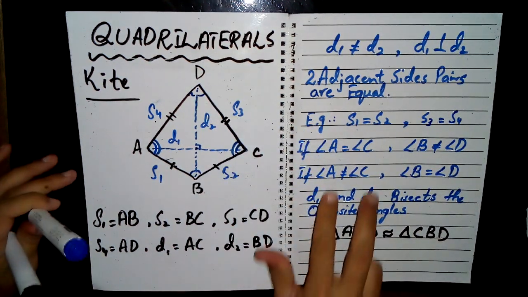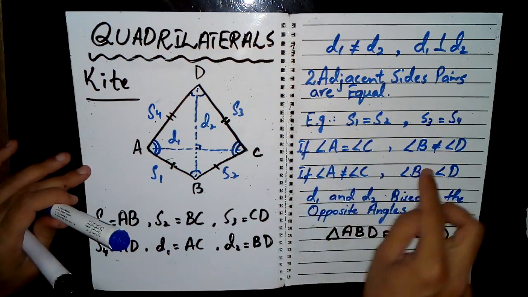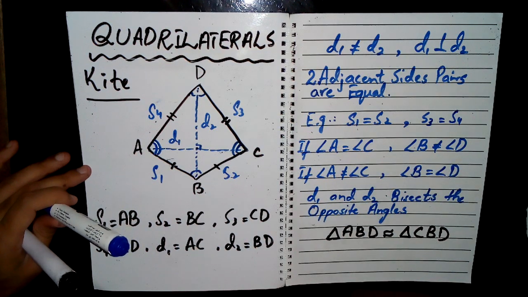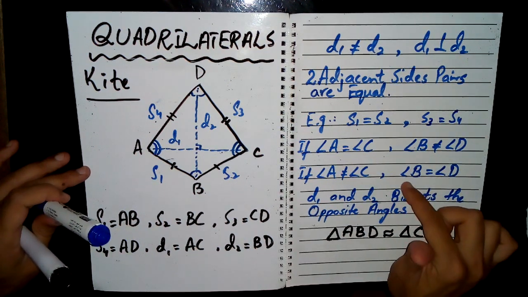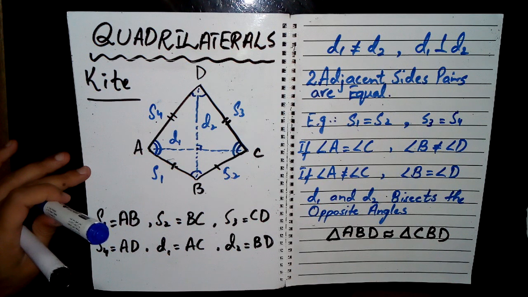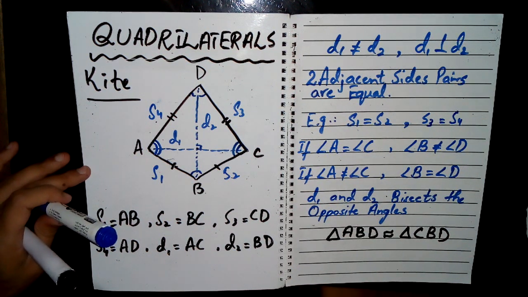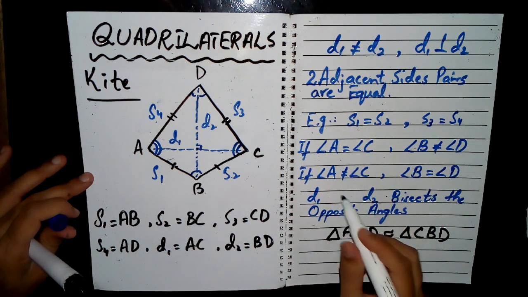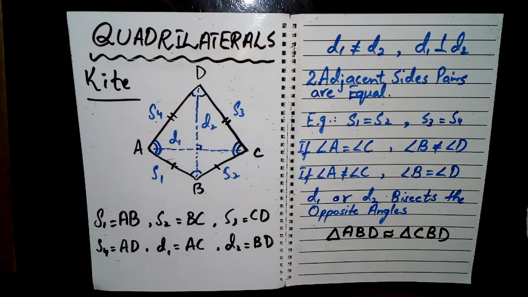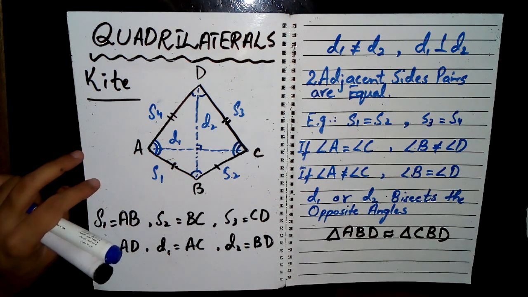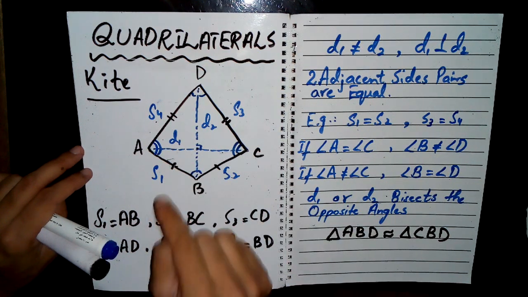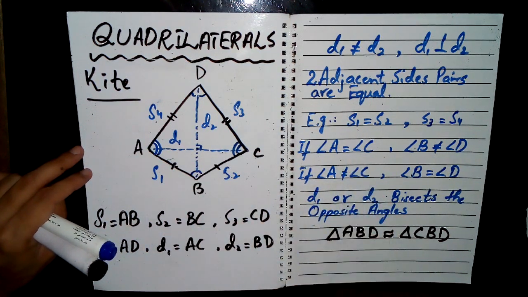Suppose angle A and angle C are equal, then angle B and angle D will be bisected by the diagonal. And if angle B and angle D are equal, then angle A and angle C will be bisected by the diagonal. So in this case, I should write or here instead of and, because in this case diagonal 2 is bisecting the angles B and D, because A and C are the same.